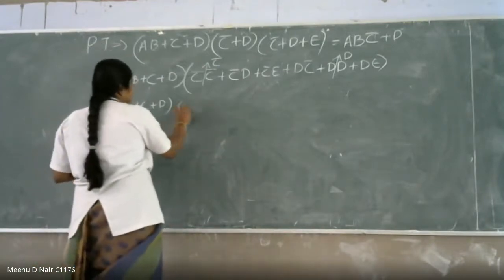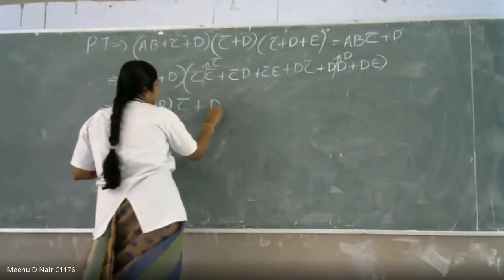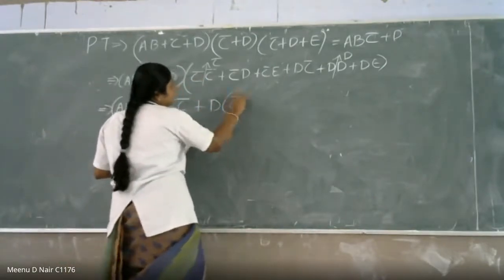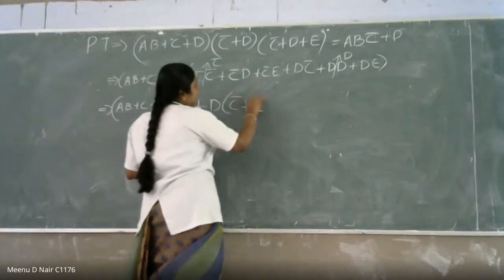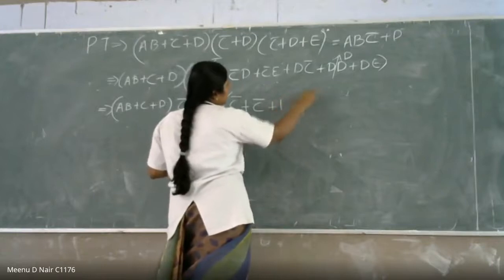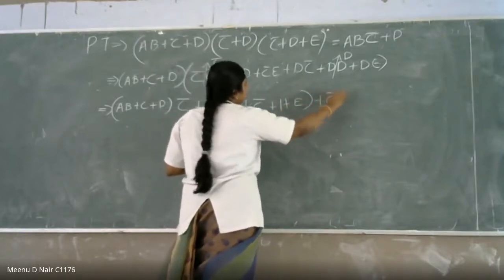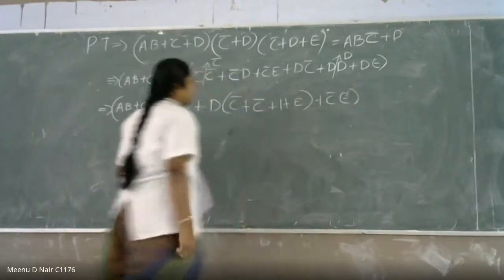First term C bar, this term will be C bar plus D into C bar plus 1 plus E, plus C bar E. We can write it like that.